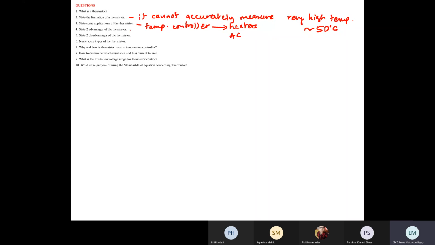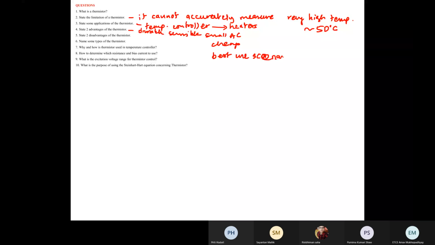So advantages of the thermistor: we know it's durable, sensitive, small, cheap, and the best use scenario is single point temperature measurement.